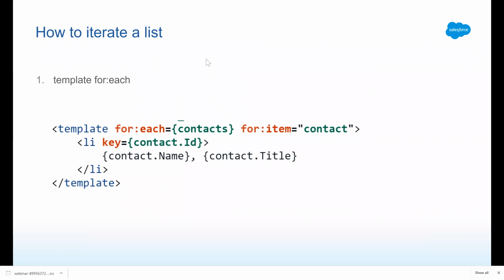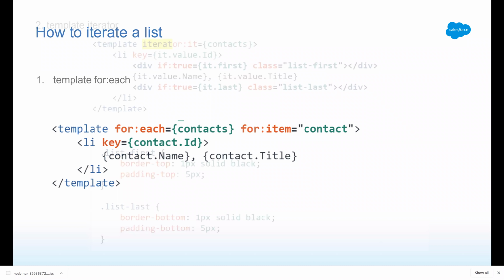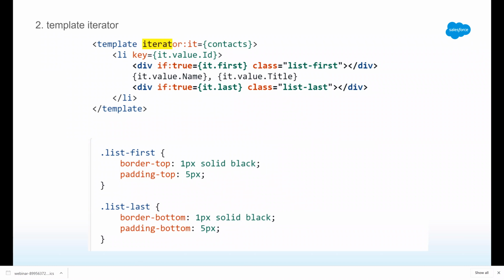Unlike in the template for each, where we use contact.name, here we use it.value.name. Okay. And here also you must pass the key attribute.